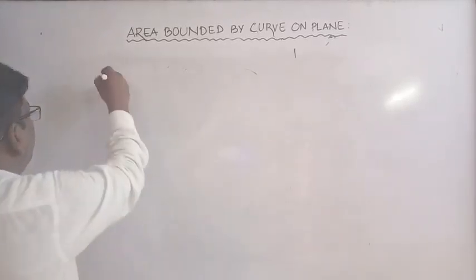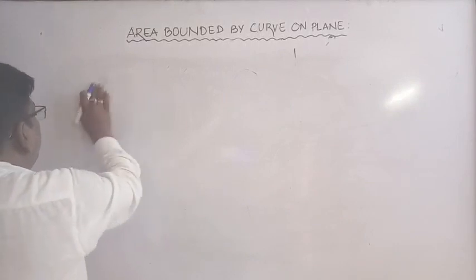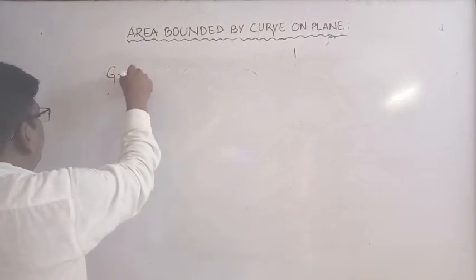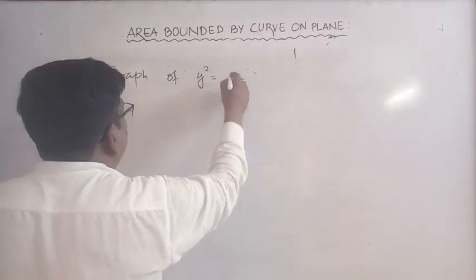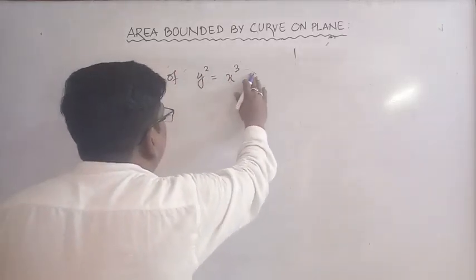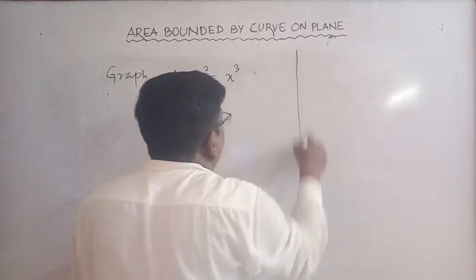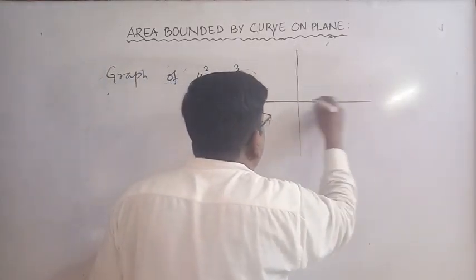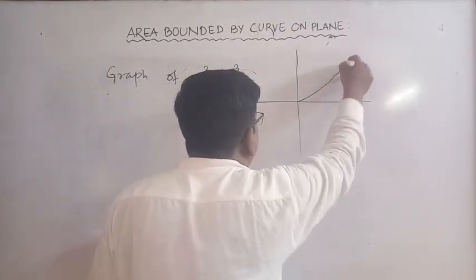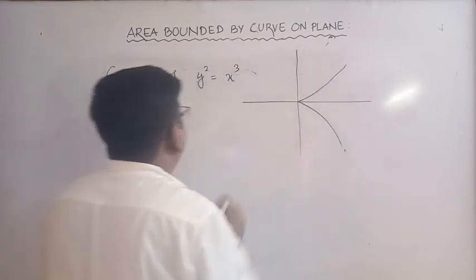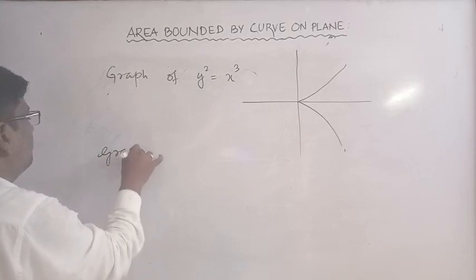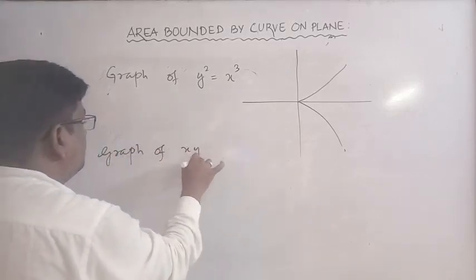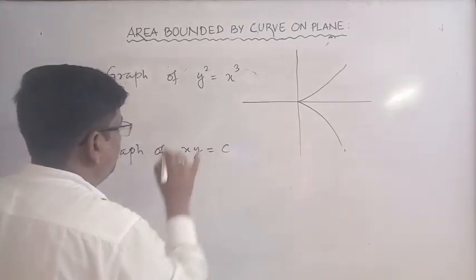Then the graph of y square is equal to x cube. The graph will be like this. Okay. Graph of xy is equal to any constant c.